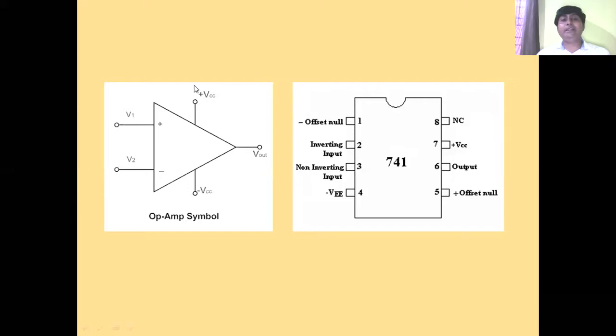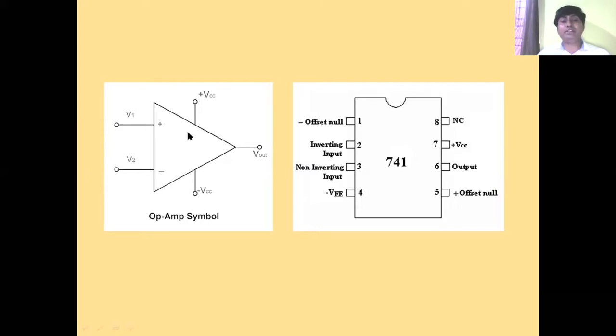So it is a positive sign, plus VCC, and this is minus VCC. In the differential amplifier we mentioned it as VEE, but here instead of VEE, now we are calling it VCC, and we have to mention these two terminals, plus VCC and minus VCC.